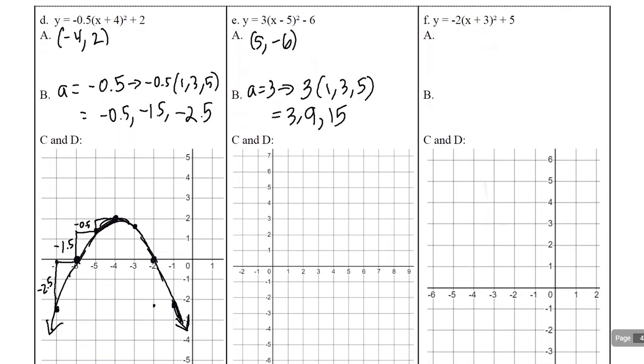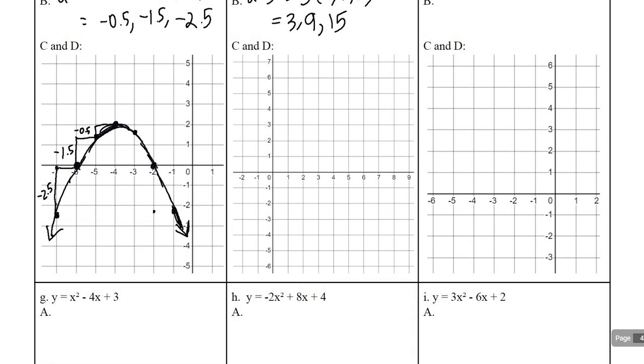I'll start with my vertex at 5, negative 6, down here. Okay, and then I go over 1, up 3, over 1, up 9. And I do that symmetrically. And I connect with a smooth curve.